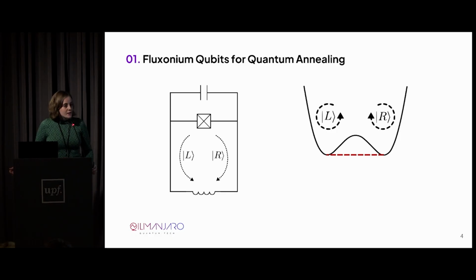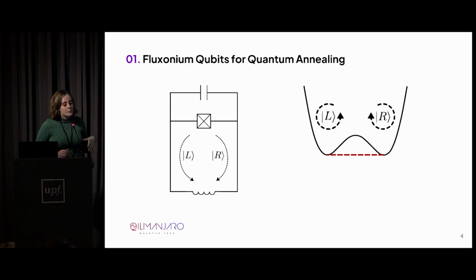In terms of potential, this translates into a double well potential, as the one that you can also see here on screen. Each of the persistent current states is associated with one of the wells of this potential. Remember that this happens at this half an integer flux quanta point that I was talking about, which we also call the sweet spot or the flux degeneracy point of the qubit.